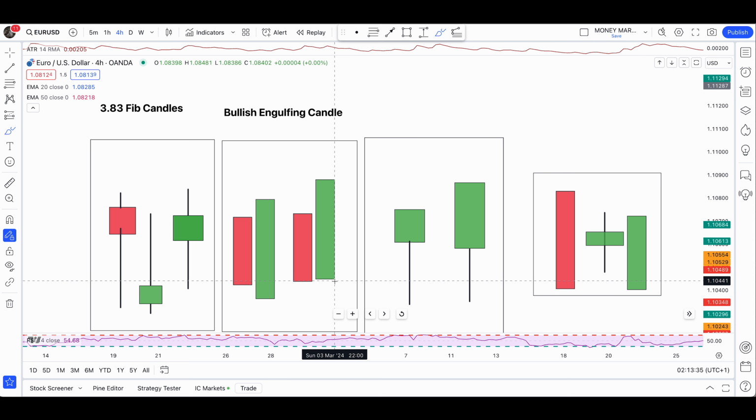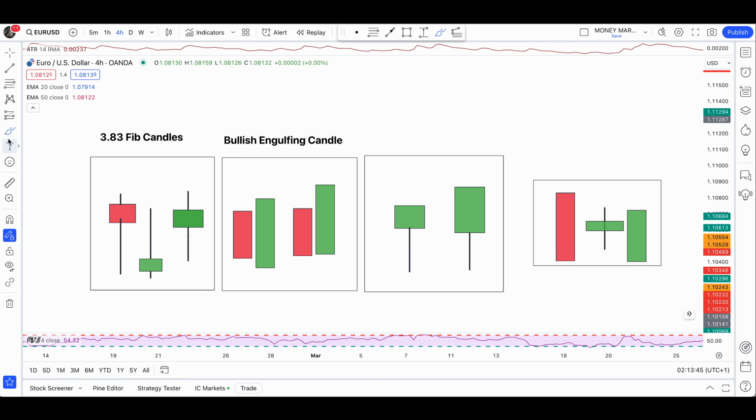So the body opened above, and it doesn't matter if the body is bigger, it is not a valid bullish engulfing candle. It must be an engulfing candle from the bottom till the top, exactly like this. So this is right and this is a wrong bullish engulfing candle. So we are not going to enter a trade using this pattern, but yes, it is a valid pattern.